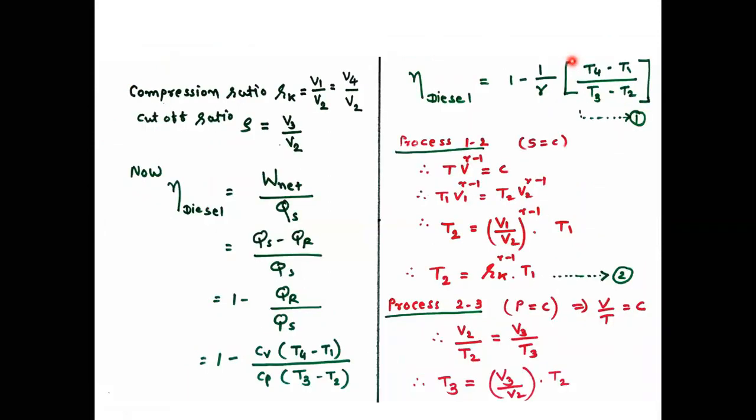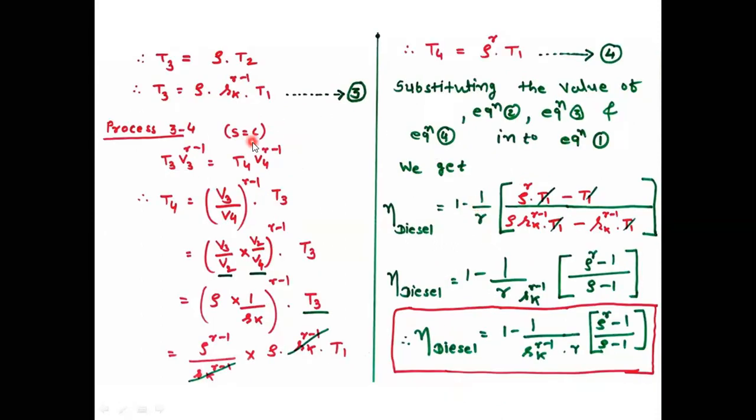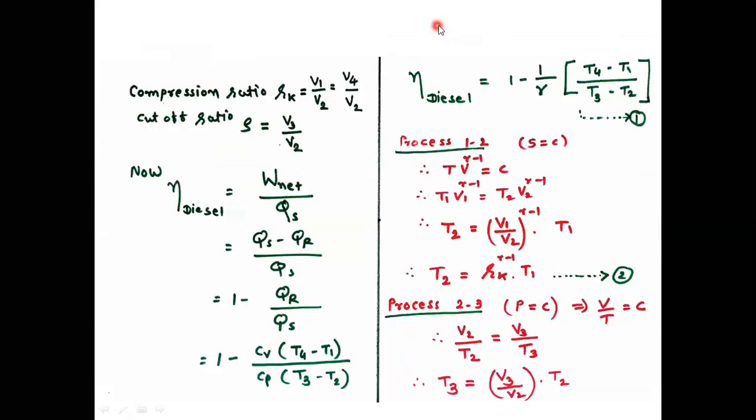What are they? What is that value? That is T1, T3, T4. Sorry, T2, T3 and T4.